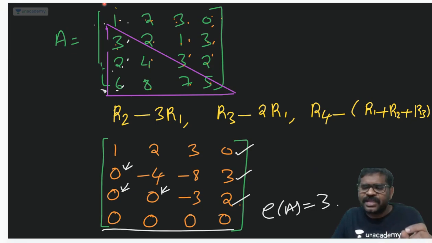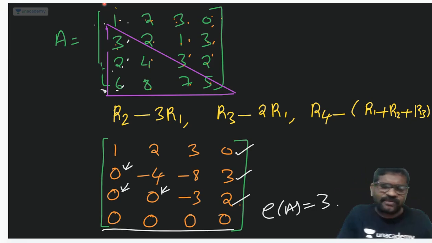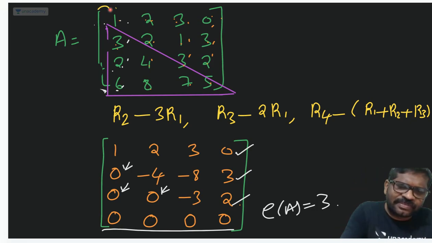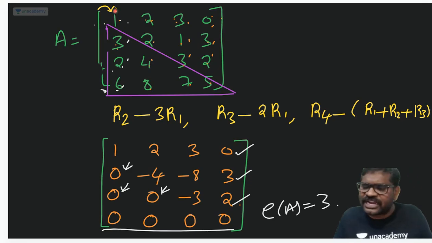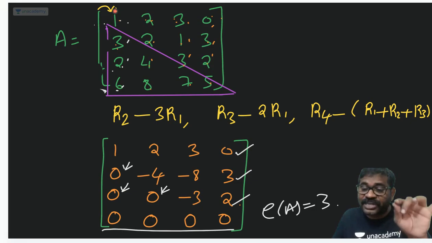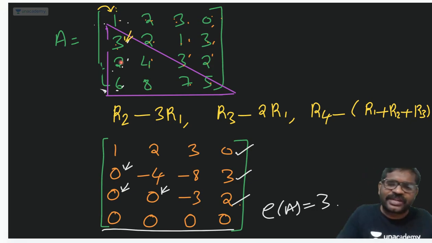Now, very simple. Matrix A is 4 cross 4. First row, first column: if the entry is non-zero, start a right angle triangle from the second row. In the second row, it covers only one element. Third row, it covers two elements. Fourth row, it covers three elements.